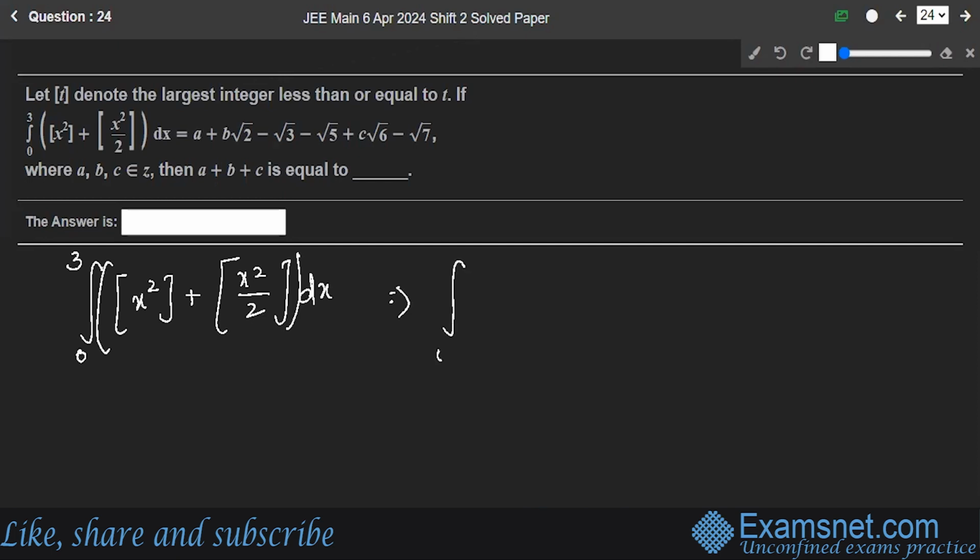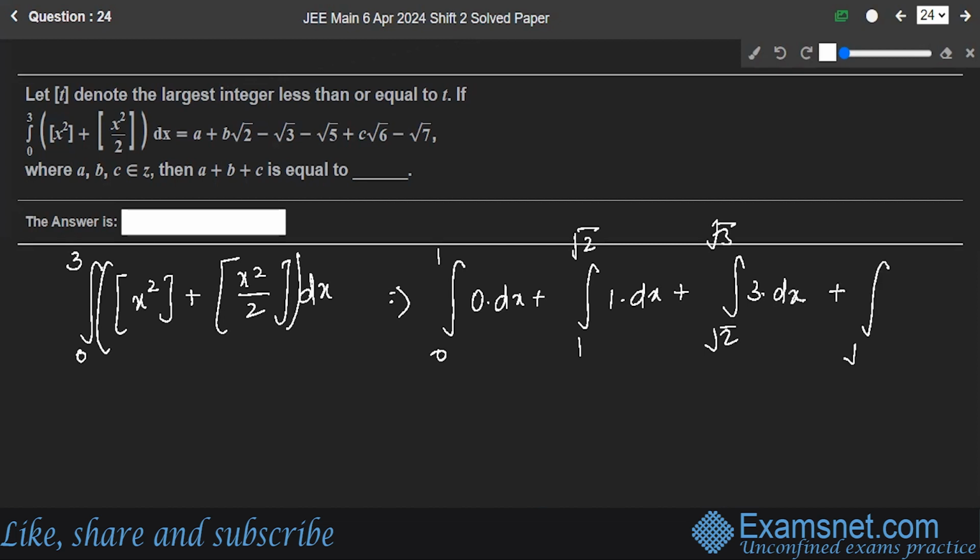The breaking points, first of all, you will have it from 0 to 1. In 0 to 1, this will be 0 dx. Then it will go from 1 to root 2. This is 1 dx. Root 2 to root 3, this will be 3 dx. Next, root 3 to 2, this will be 4 dx. Then 2 to root 5, it will be 6 dx.